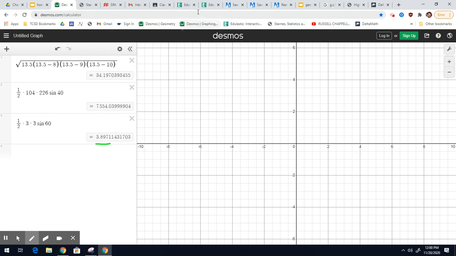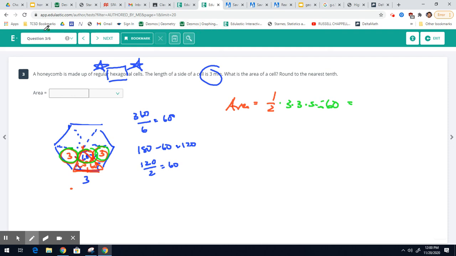Now, we could also just do this in the calculator right now, because what are we going to do with that number? Well, that's the area of one triangle. So this area equals the area of one triangle. To get the area of the hexagon, I have to take 6 times the area of one triangle. So let's just throw a 6 in front of our calculation in the Desmos graphing calculator.